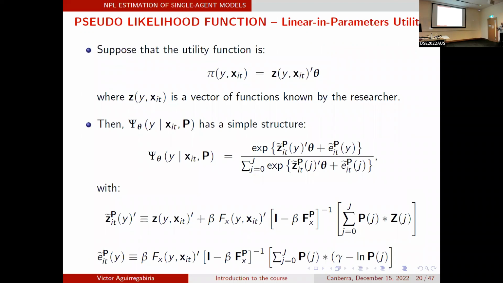Super simple. This is like when you have estimated your conditional logit model and you ask, what are the fitted values of the model? That's exactly what it is: obtaining fitted values for every possible value of X and every possible value of Y. Super simple computationally.